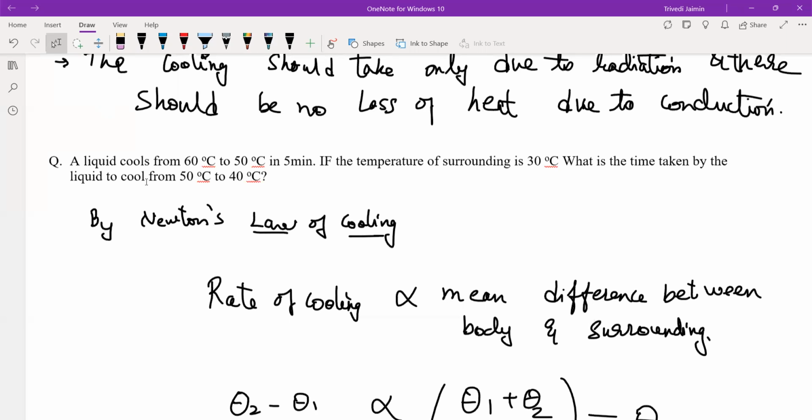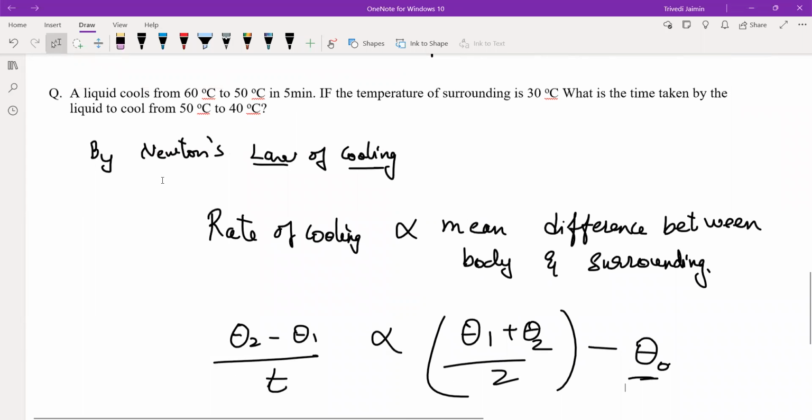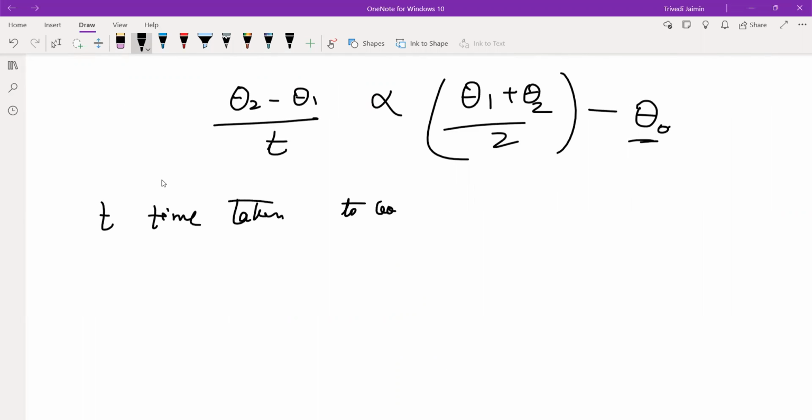Theta naught is given, 30 degrees. Our surrounding temperature is fixed, that is 30 degrees. T is the time taken to cool.